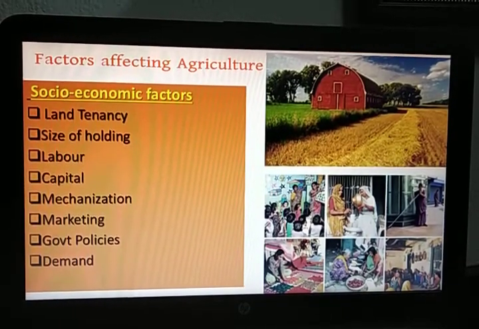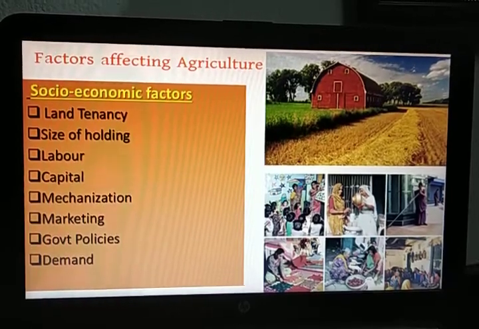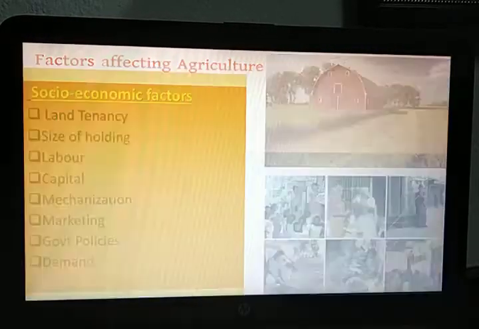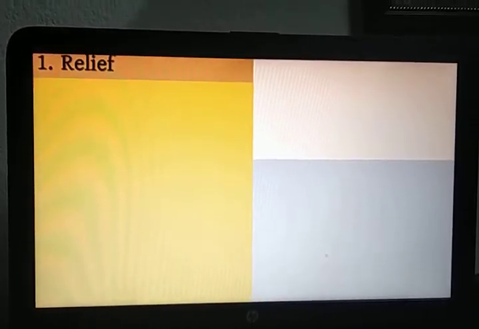So these are the socio-economic factors. But in today's discussion, we will discuss the factors of physical component.